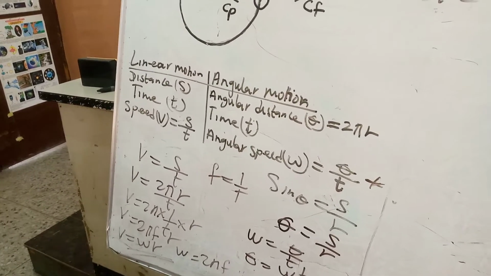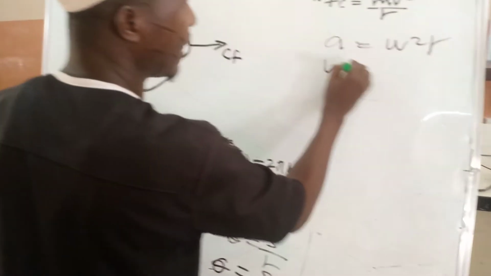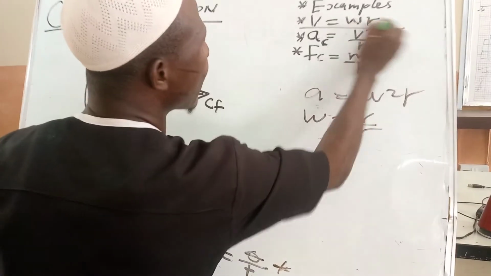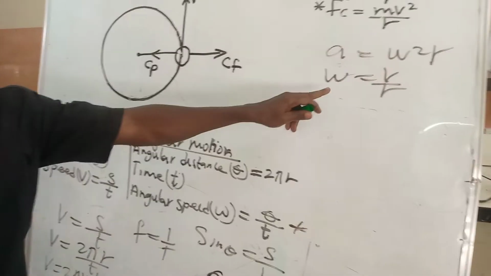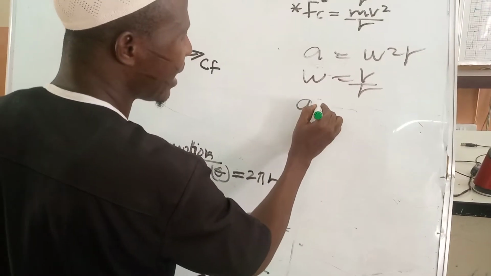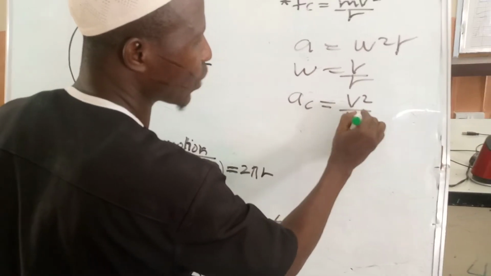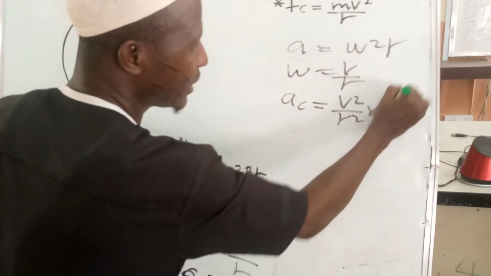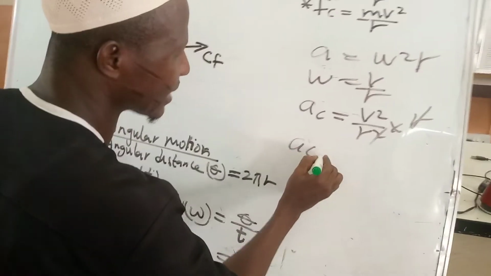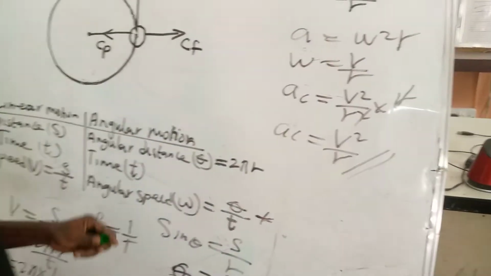Put it here. Therefore, centripetal acceleration is equal to v squared over r squared multiplied by r. This r cancels one of these r. Therefore, our centripetal acceleration is equal to v squared over r. So that is how to get centripetal acceleration.